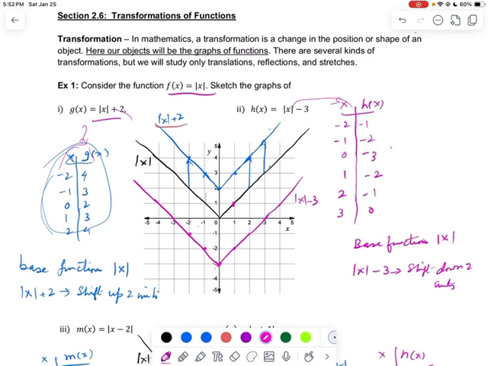So for example, this point, 1, 2, 3, it's 3 down. Any point you take on it has gone 3 units down. So in general, this is how we will do the problem. If we have to graph it, we will first indicate our basic function, then we will indicate what translation or transformation has been used, and then sketch the graph.